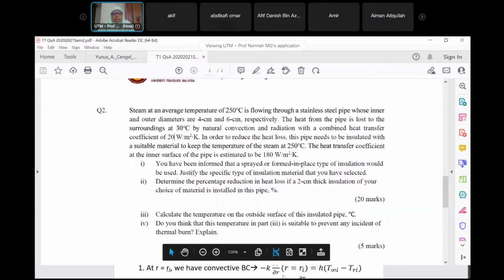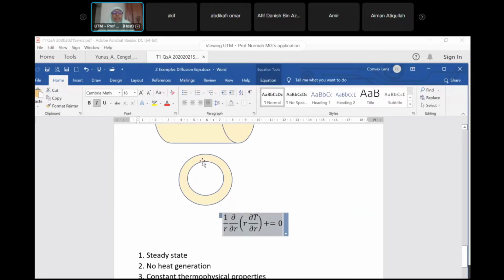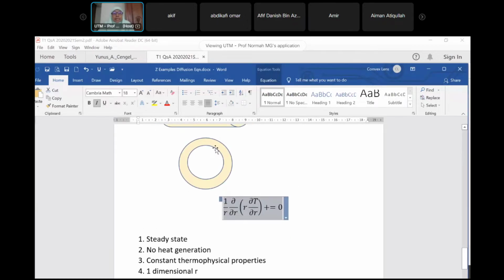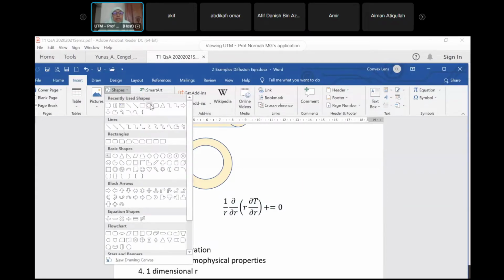So actually, this is the pipe, this is insulation. So you may assume that the wall is very thin. So this inside is stainless steel pipe. But how thin is it? It says 2 centimeters. So you need another one.